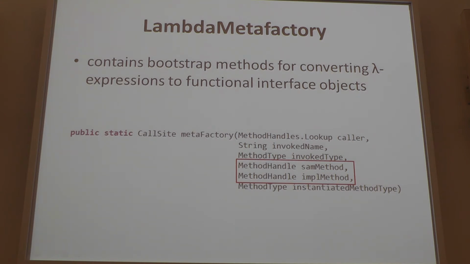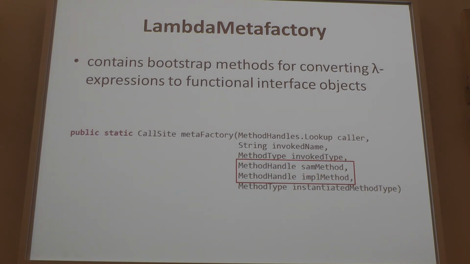So it takes references to two methods. One is called the SAM method, and as I showed in some previous slides, the functional interfaces are also known as single abstract method interfaces.